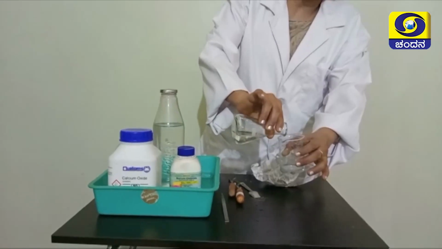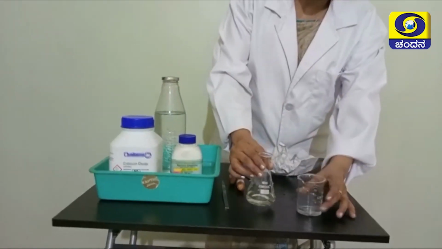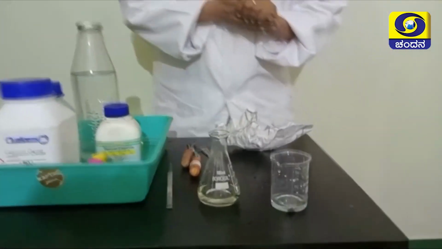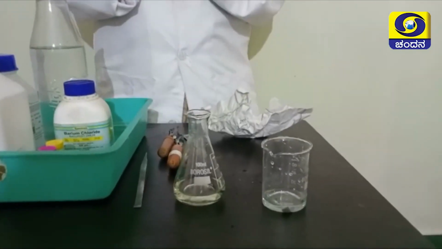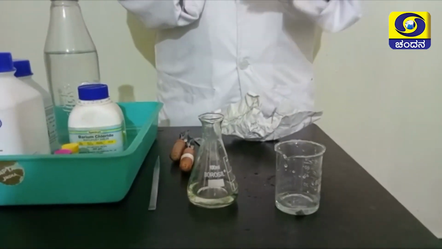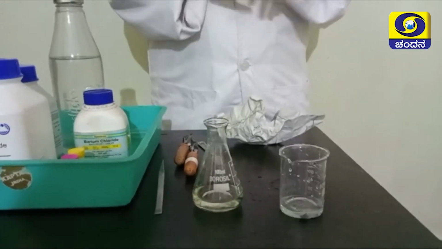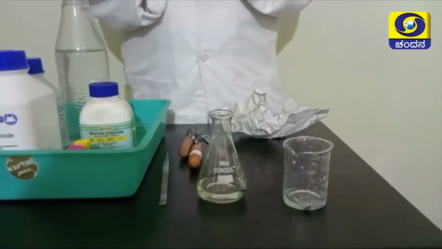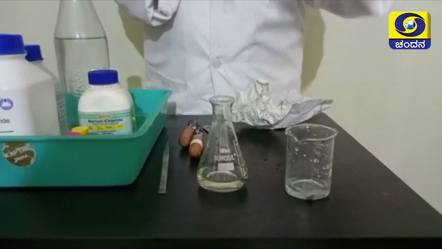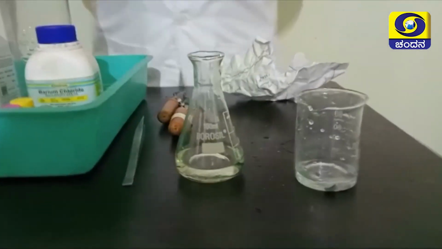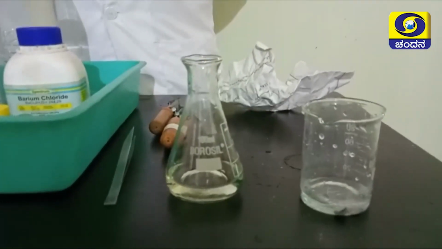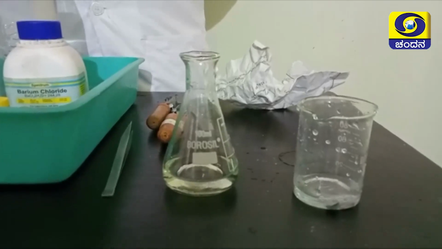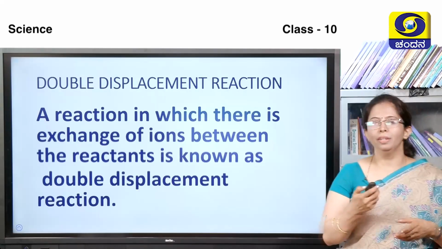So I am adding acid. You can see hydrogen gas is released. Here zinc plus H2SO4 gives zinc sulfate and hydrogen gas evolved. You can see the bubbles. The gas which is evolved is hydrogen gas. So this is an example of a displacement reaction. Moving on to the next slide.